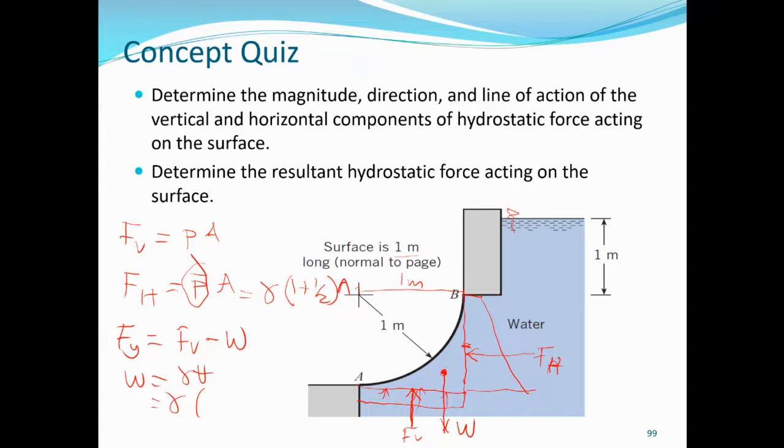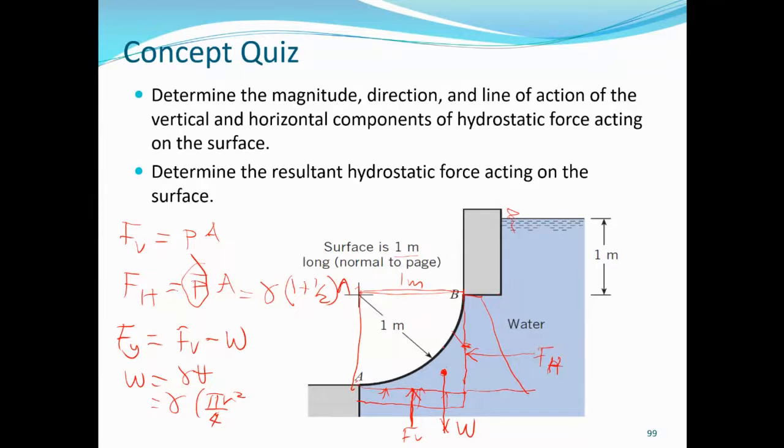The area, if you complete this, is a quarter of a circle, so pi r squared over 4. For the volume, the area is the cross-sectional area times the depth, the width normal to the page, which is 1 meter.